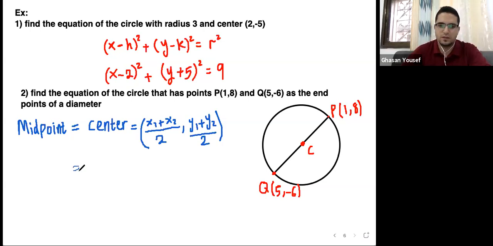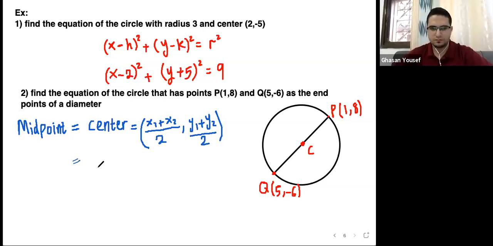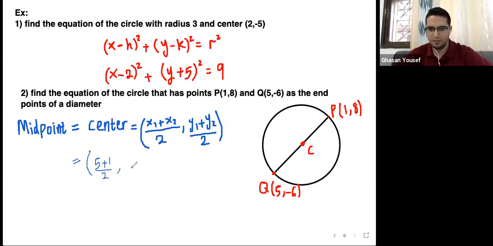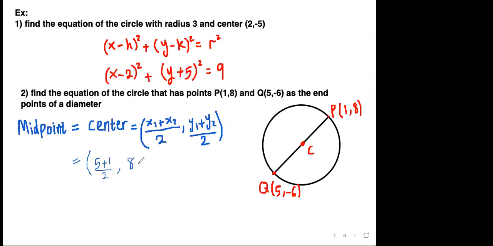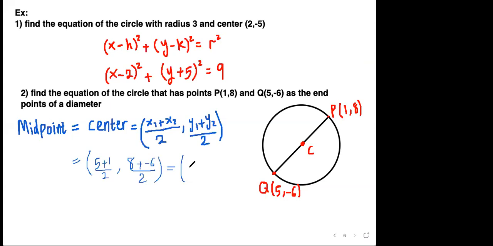So this is equal to 5 plus 1 divided by 2, which is 3, and then comma, 8 plus negative 6, which is 2, divided by 2. So the midpoint is 3, comma 1.